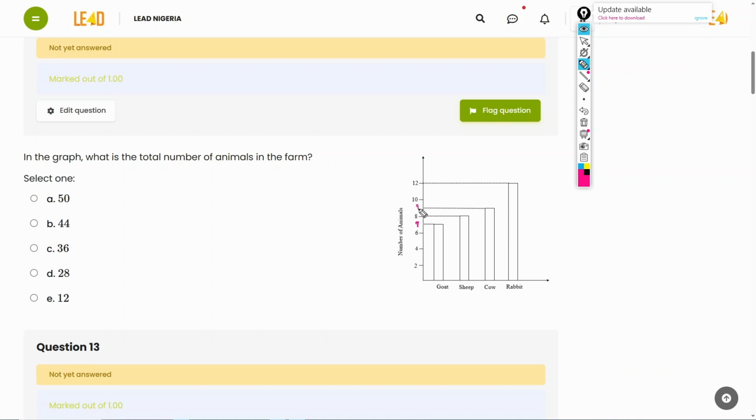Cow, we have 9. And then rabbit, we have 12. So we have 7 goats plus 8 sheep, because the plural of sheep is sheep, right? 9 cows, and 12 rabbits. So if you add this up, you have 36 animals in all.